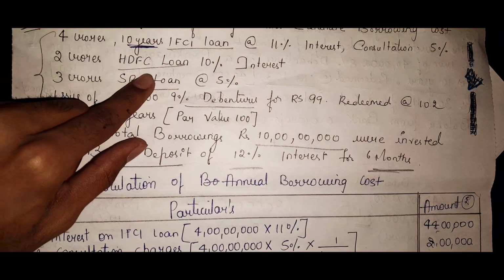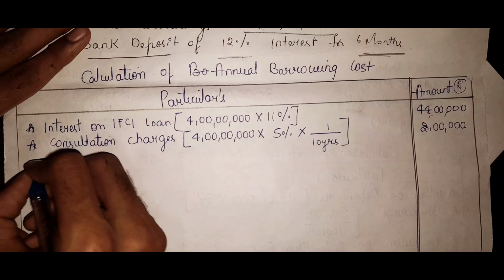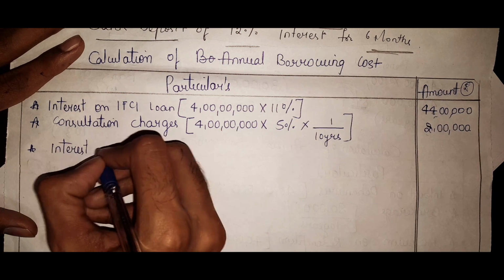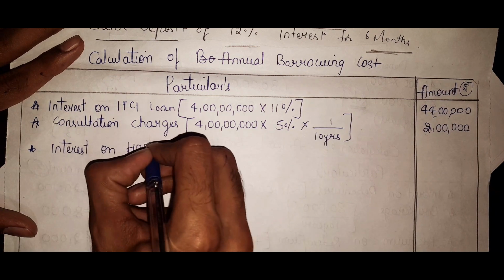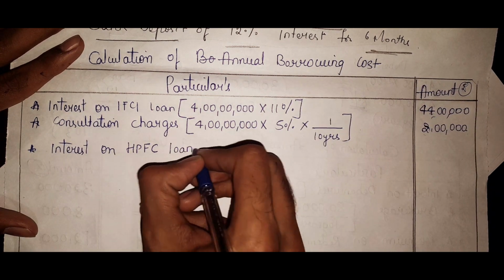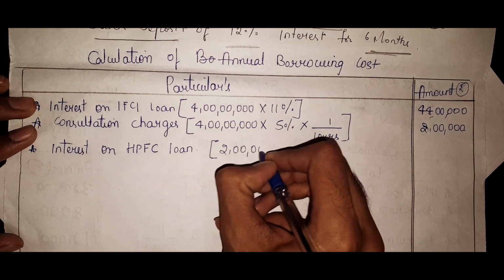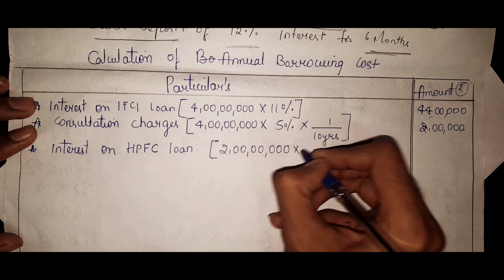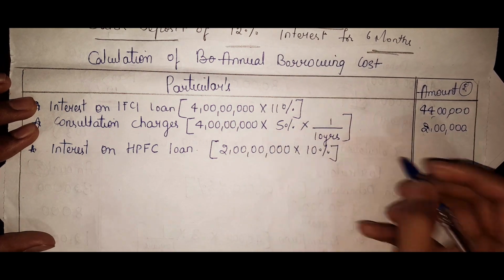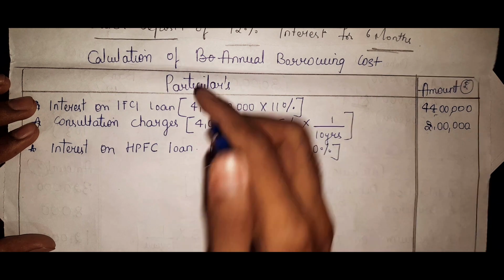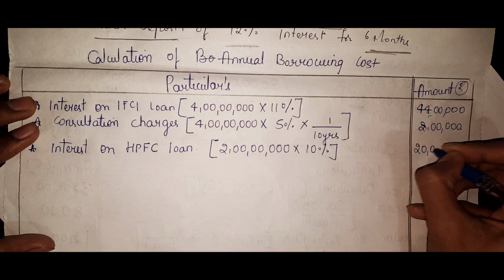Next we have the HDFC loan of 2 crores at 10% interest. Interest on HDFC loan: total loan amount is 2 crore rupees into 10% interest. 2 crores into 10% will be 20 lakh.